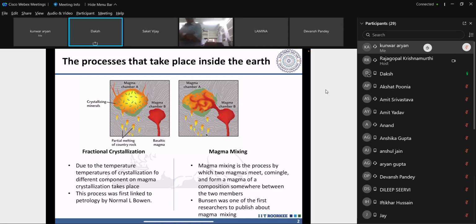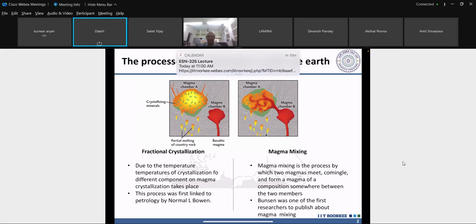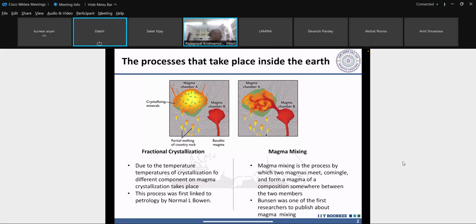Coming on to magma mixing and the whole crux of the matter, magma mixing is the process by which two magmas meet, commingle, and form a magma of a composition somewhere between the two members. So, for example, let's take a magma chamber A and a magma chamber B. Due to some reasons like injection, they can get connected, and as and when magma chamber A comes in contact with magma chamber B, certain different things happen.